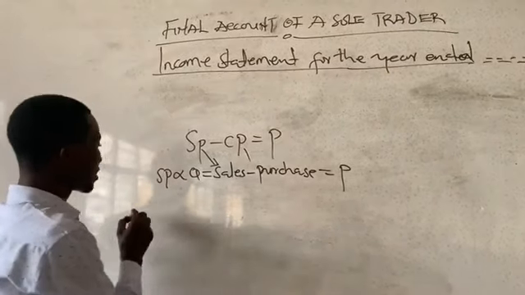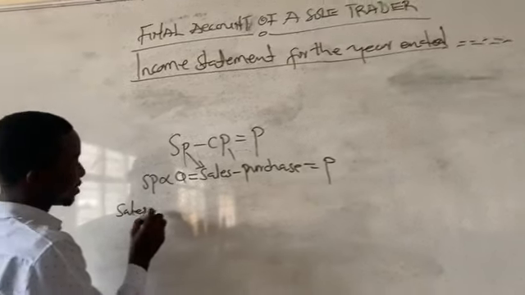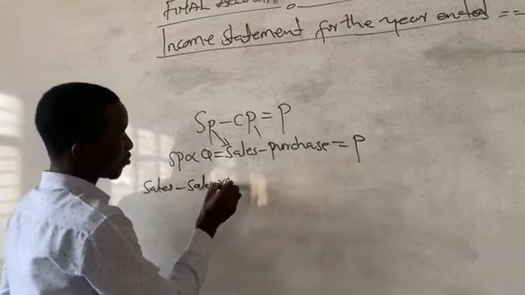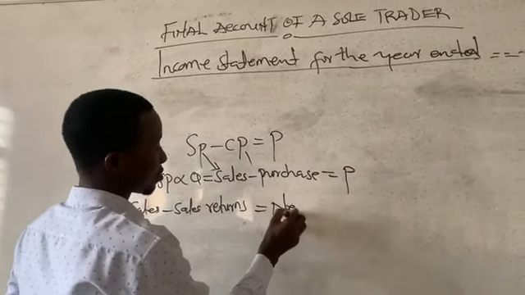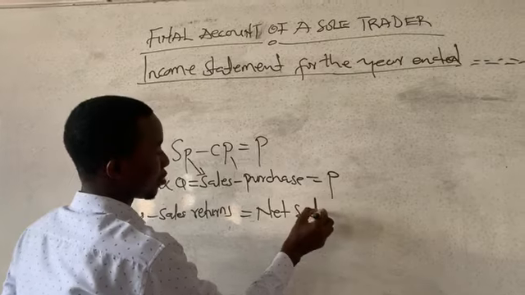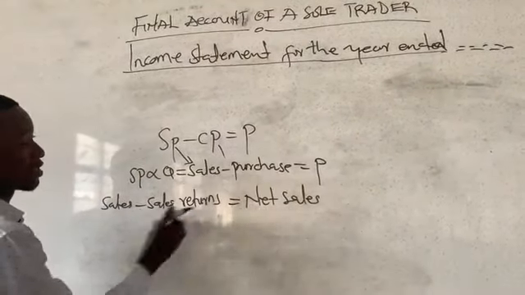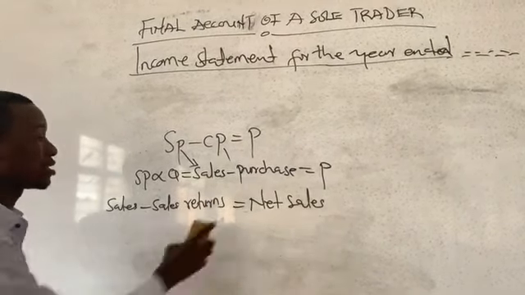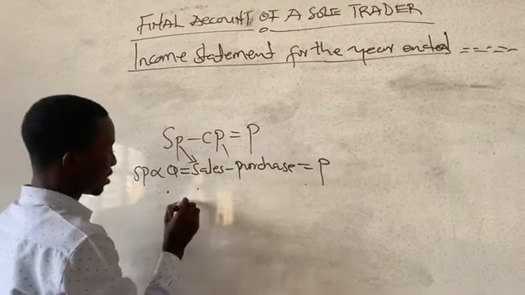Okay, when we have our sales and we deduct our sales return, it will give us our net sales. So this sales figure can be adjusted to arrive at a net sales. So with this, we'll be representing the sales by net sales.